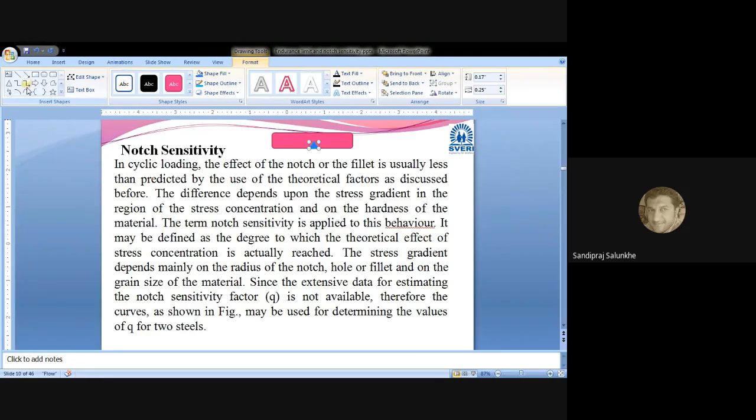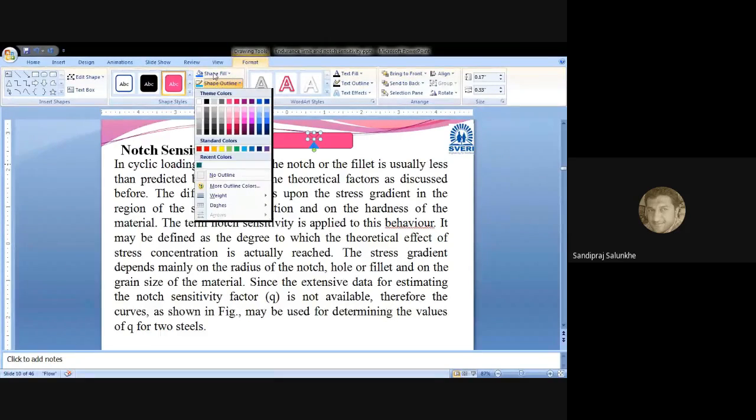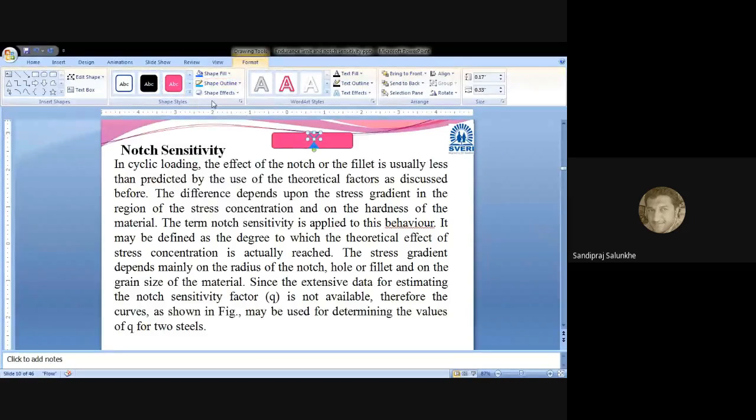Whereas if we produce that notch over there, such a change in geometry, definitely the stress concentration will get increased.